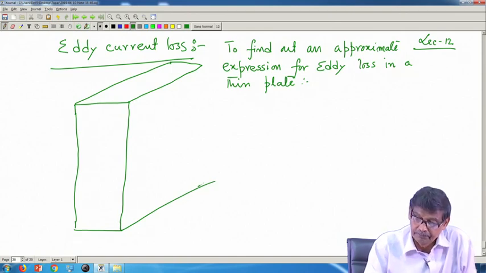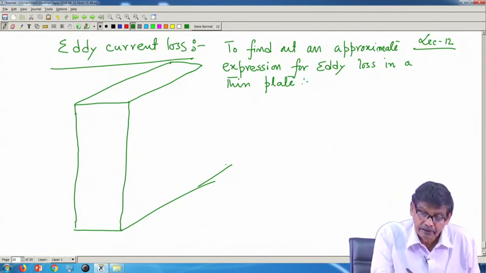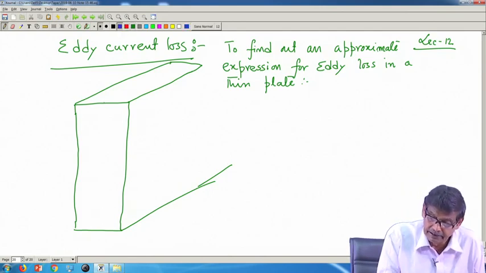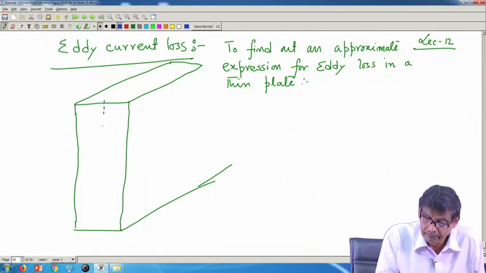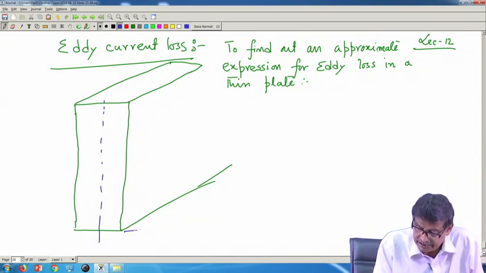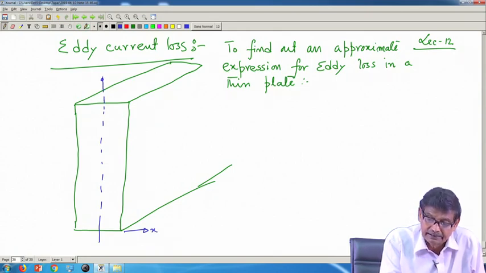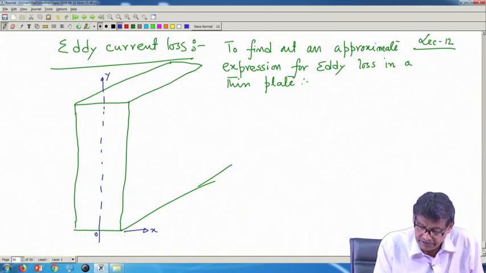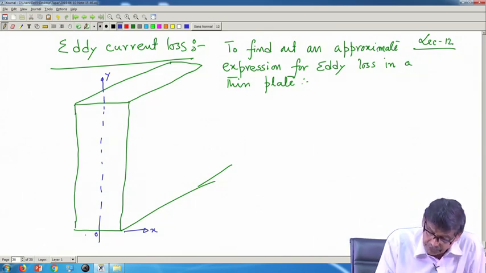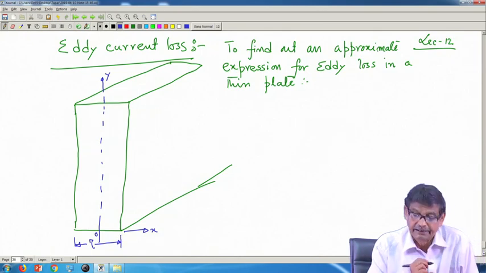Acha. In this thin plate, we will make x and y axis. I will assign this to be my x axis, and this is my y axis, and this is my origin. And suppose the thickness of the plate is tau.